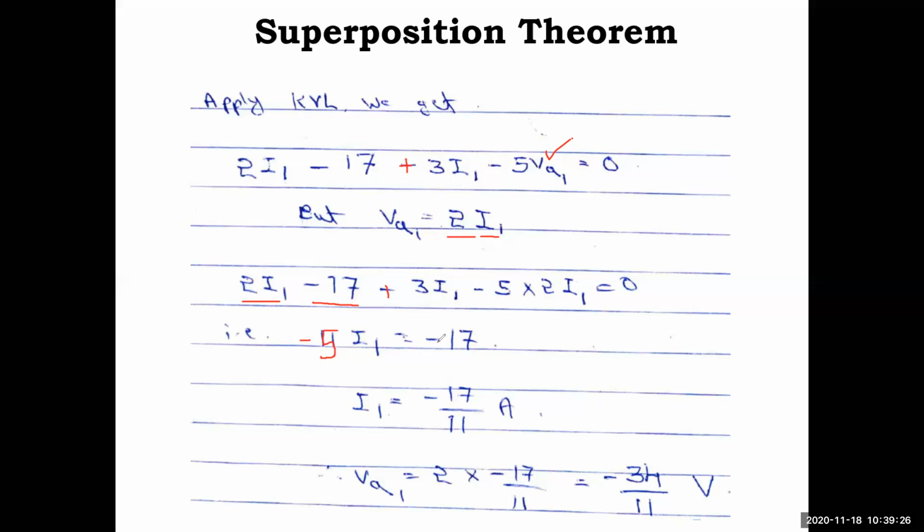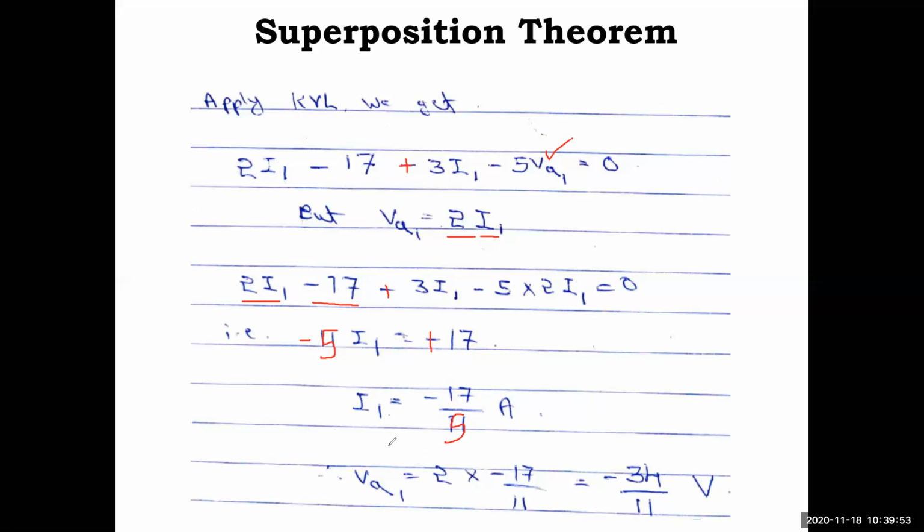So this is taken to the right side. So 2i1 plus 3i1, 5i1, minus 10i1, so minus 5i1, and the 17 is taken to the right side, means it is plus. But the minus sign is there anyhow, so i1 is equal to minus 17 by 5, not 11, minus 17 by 5 amps. Okay, so this is the correct answer, so correct it.